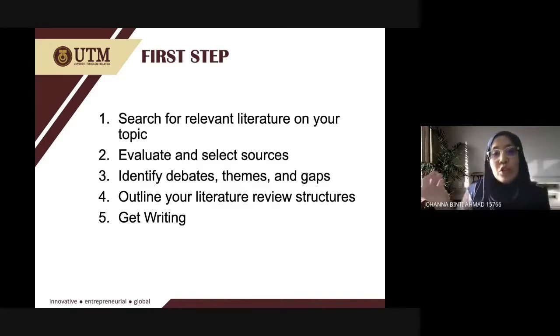So we are going to allocate that these papers are focused on the TCP only, and these papers are the combination of TCP and machine learning. We must identify the theme so that it will be easy for us to find the gaps after that.